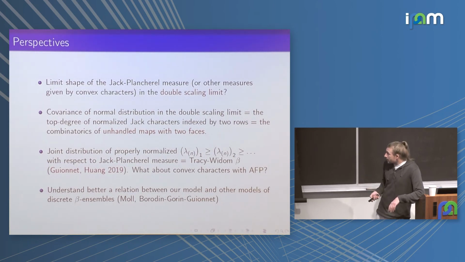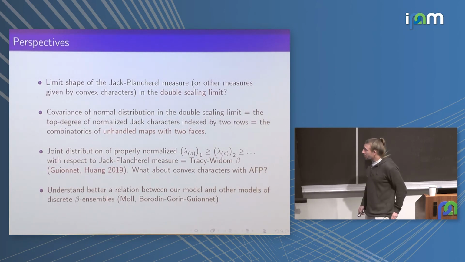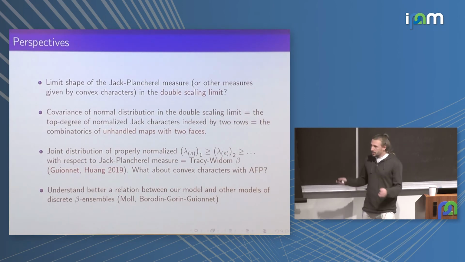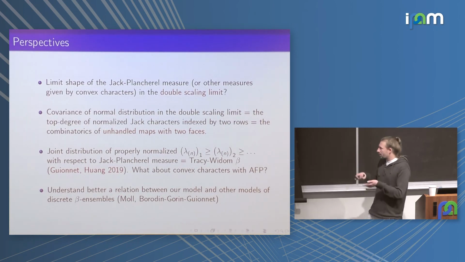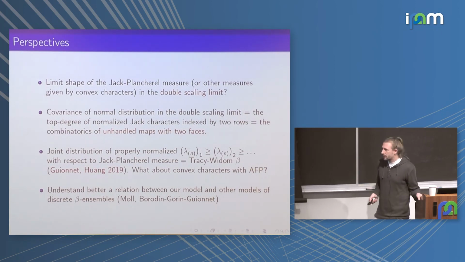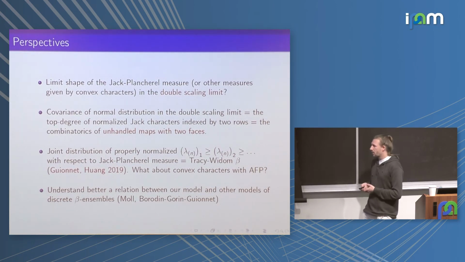The third thing to understand is this very nice result of Biane and Huang, that in the case of the Jack-Plancherel measure, the joint distribution of lengths of rows is given by beta Tracy-Widom. So the question is, how does it work for our model? Is it still true in our model, or maybe we can find a subclass of our model which satisfies this?